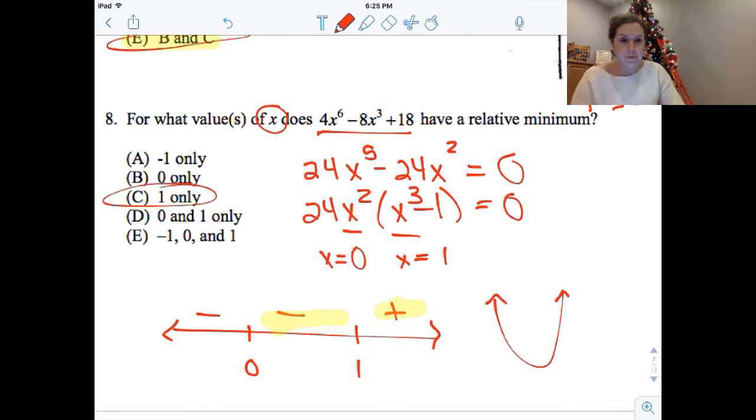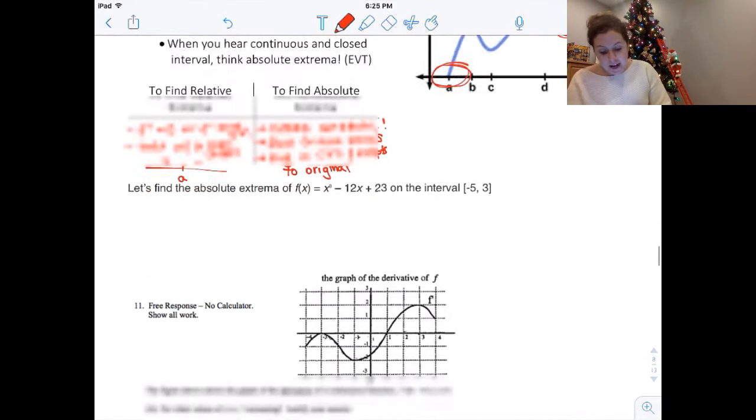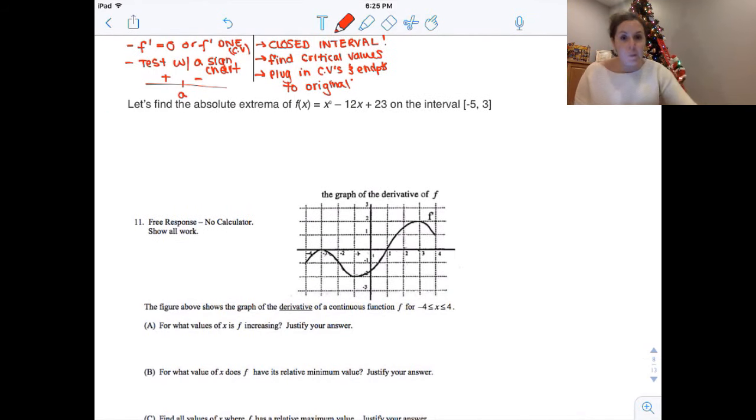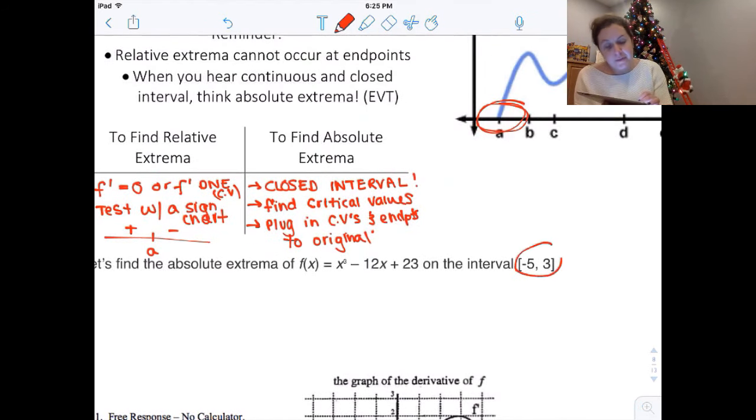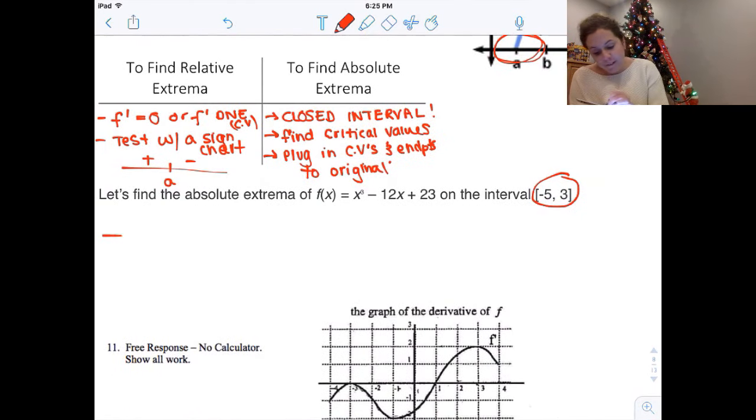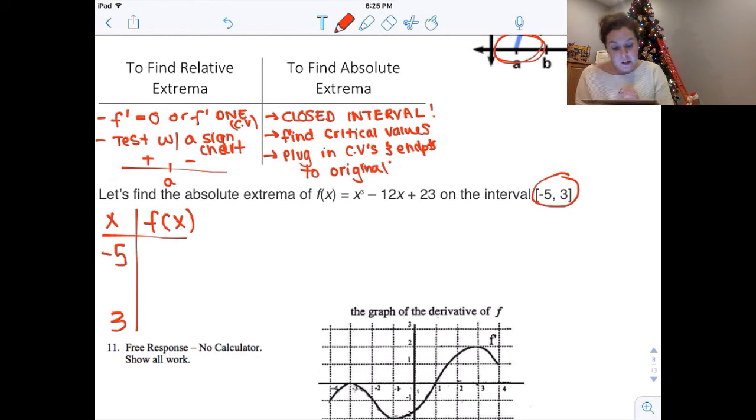Okay, let's do an absolute extrema, and then we'll do a graph, and then we'll move on. So absolute extrema, again, look, it gives me that closed interval, right? So I want the absolute extrema of this on the interval from negative 5 to 3. The first thing I normally do on these is I make my chart. So let's plug in negative 5, and let's plug in 3. If I plug in negative 5, it is 125 plus 60 plus 23.